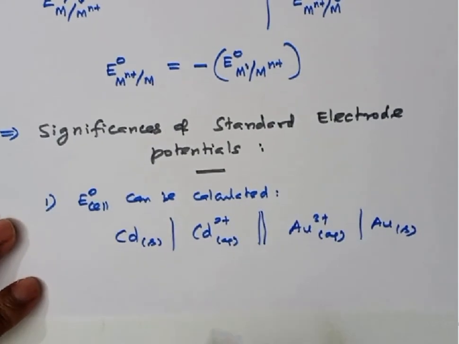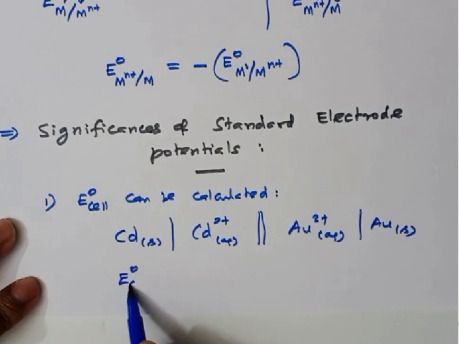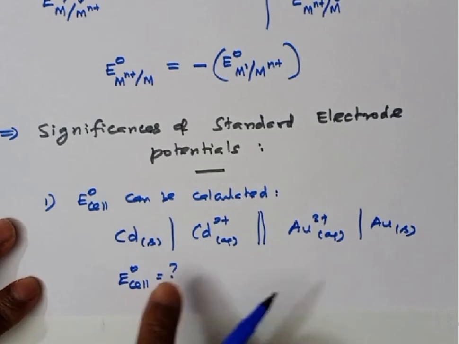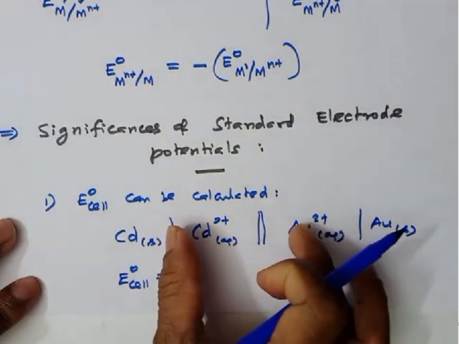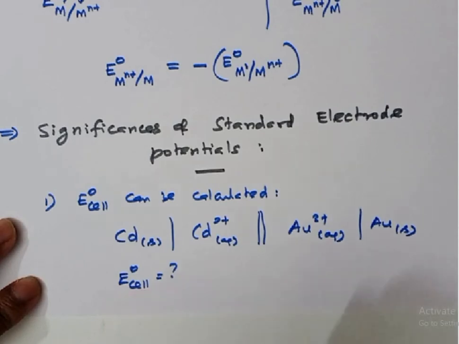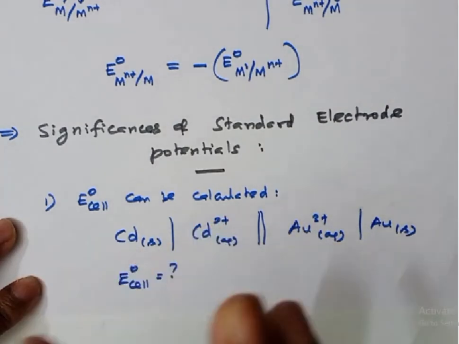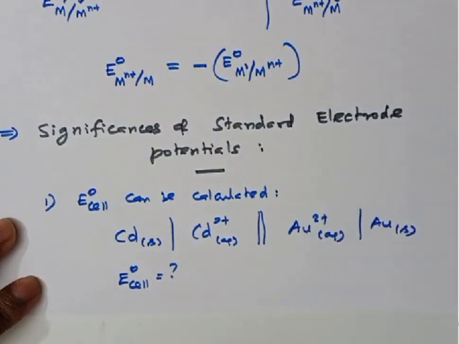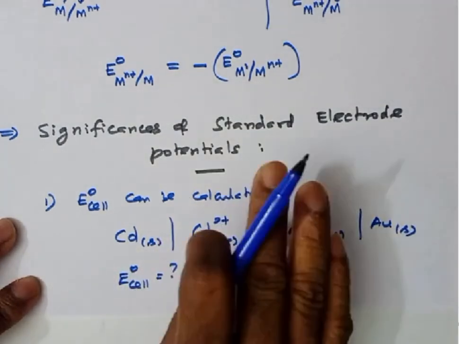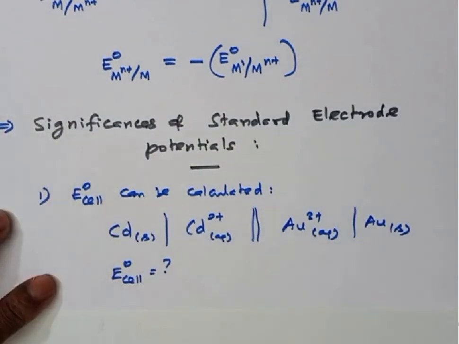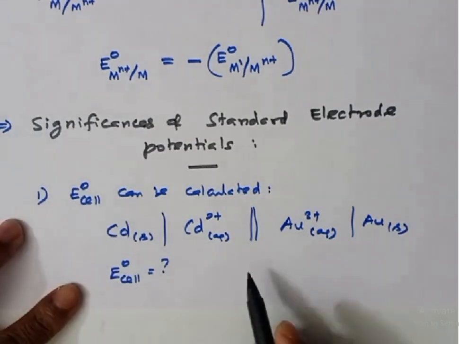Now the question is, what is the standard cell potential of this cell? You can determine it experimentally, but you can get the value directly by using the standard reduction potentials of these electrodes. Standard reduction potential values are available for all the electrodes nowadays.